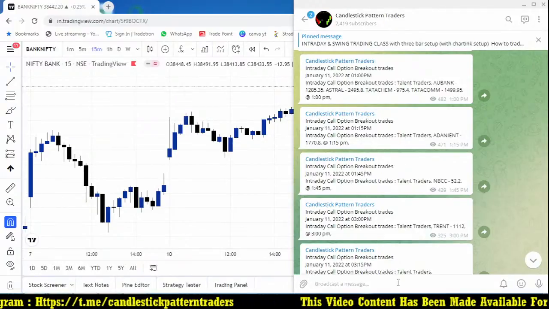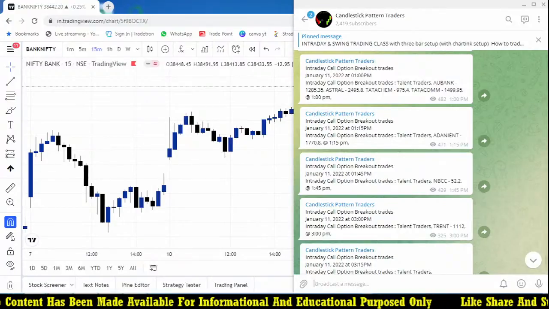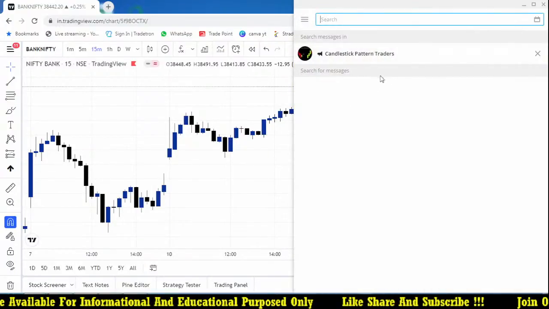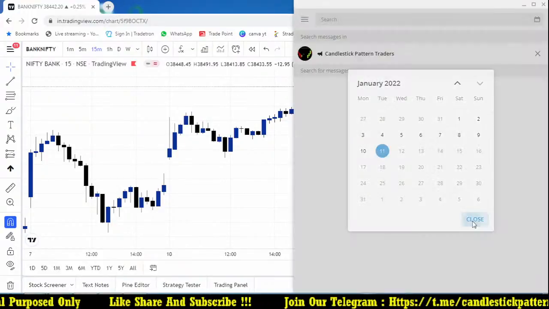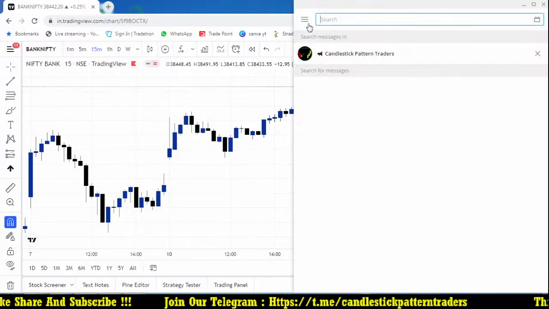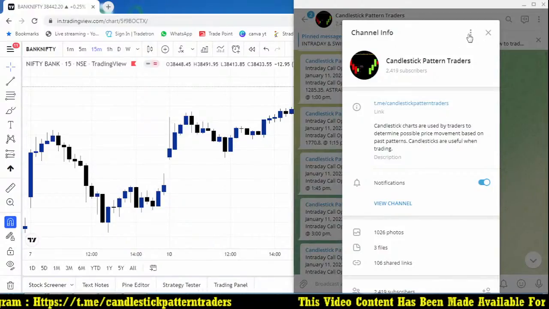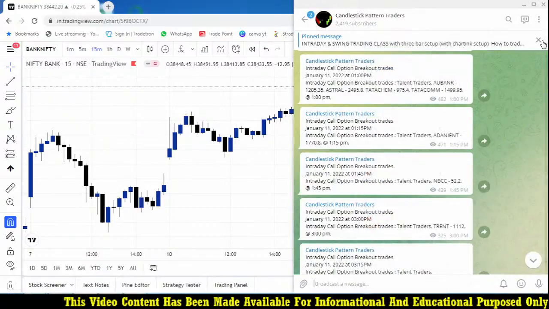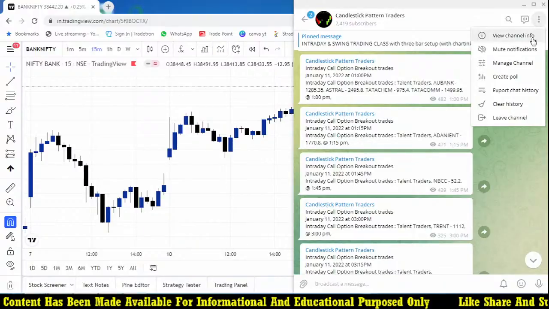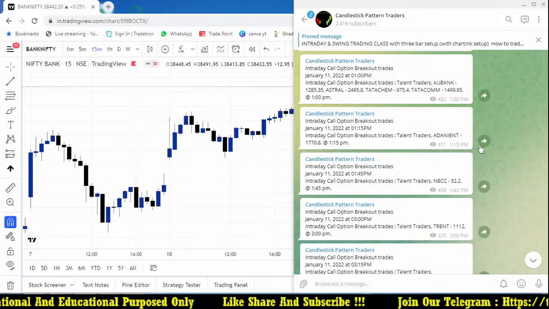Even if you are not interested in searching for the scanner, here is how you are going to use it. I have updated a lot of my scanners on this Telegram channel. Let me show you how you can see. You go to the channel and search from your side, and when you click the search icon, you will get all the scanners.